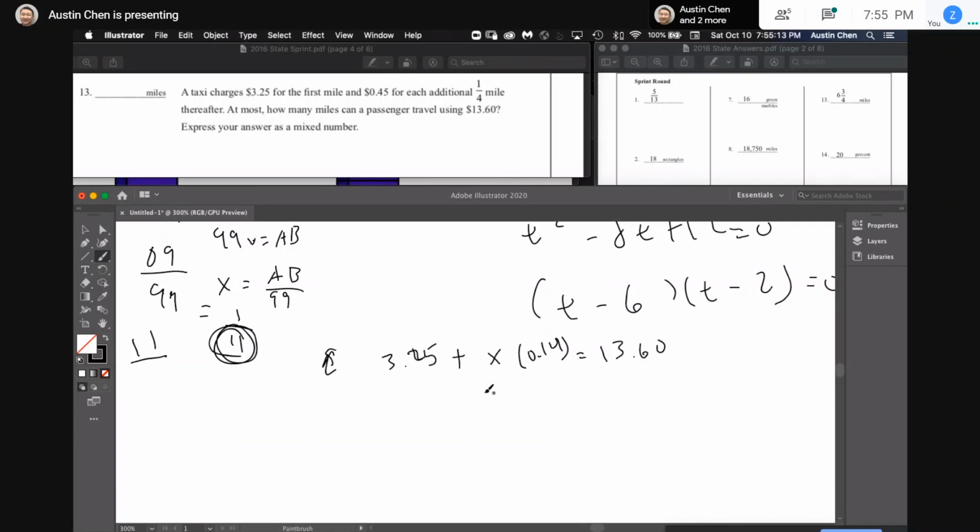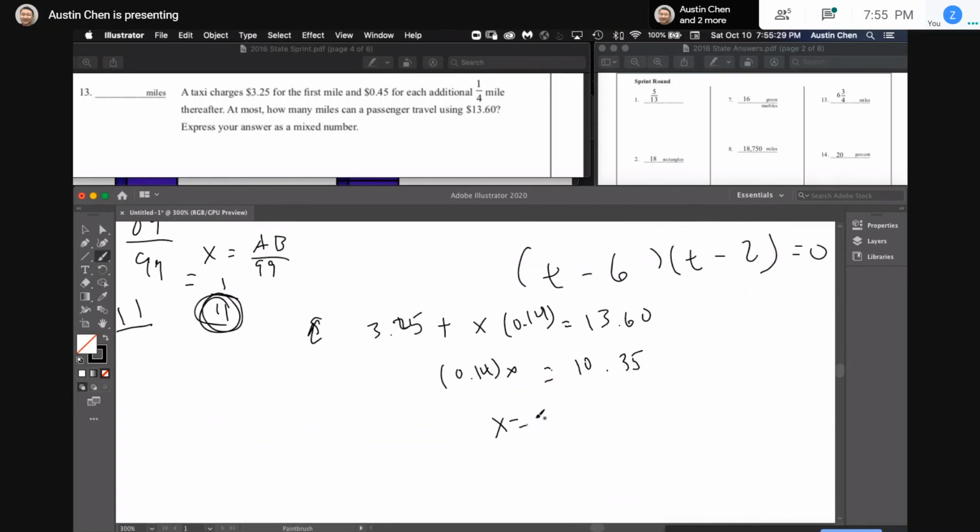So you just solve for x. You subtract 3.25 on both sides, so then you have 10.35 here, and then you just divide by 0.45.